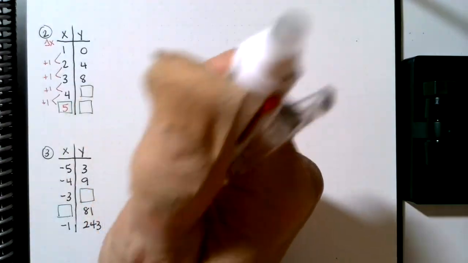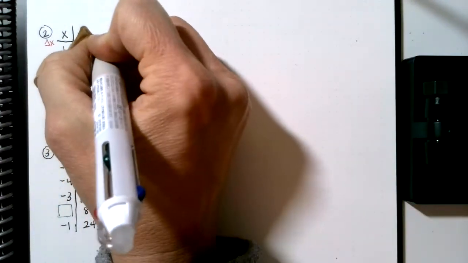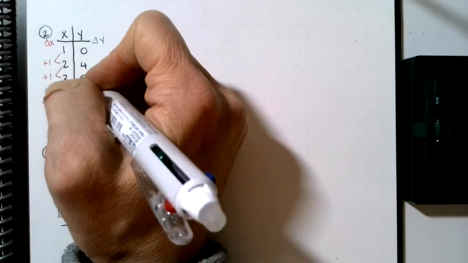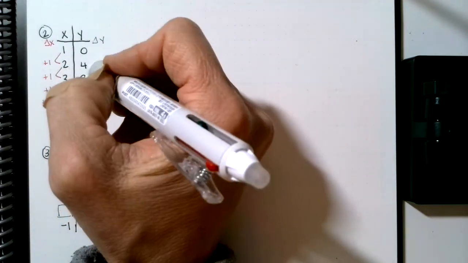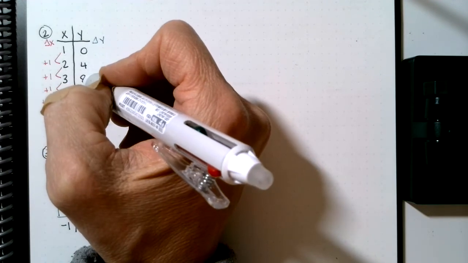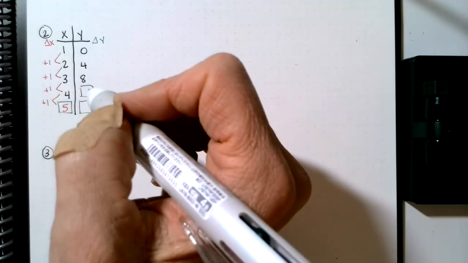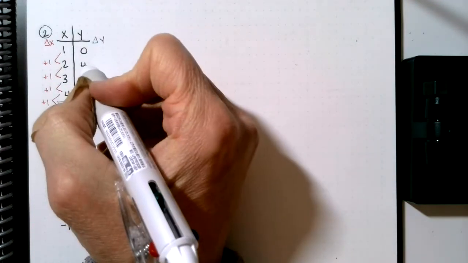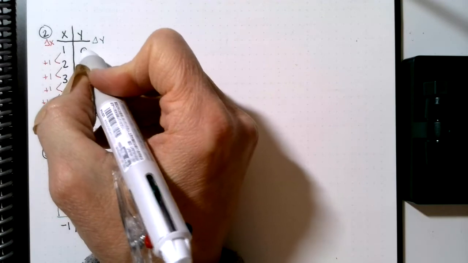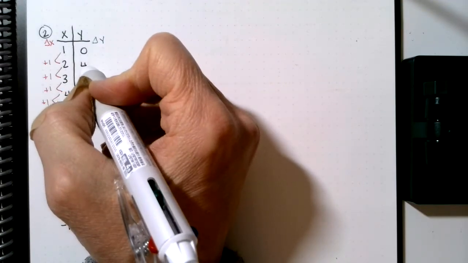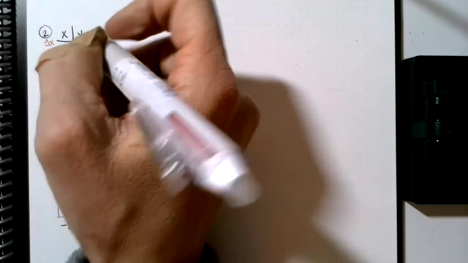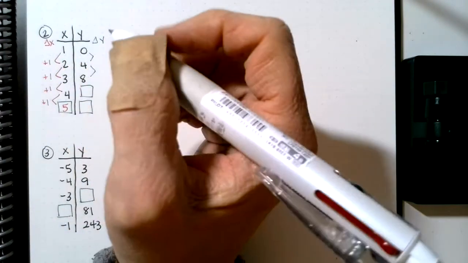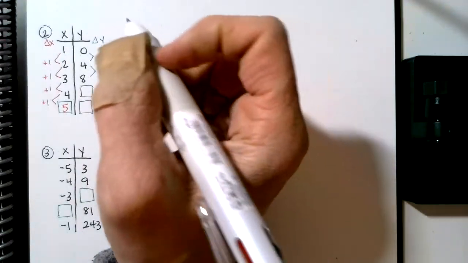And then let's take a look at our change in y. And I always start with the change in y, even though I'm seeing that 4 times 2 is 8. This was a similar example to one that was on the test where there was some doubling going on. And while 4 times 2 is 8, 0 times 2 does not give me 4. So it doesn't hold true. But I always start with doing the change in y and doing adding and subtracting to see if that's constant first.